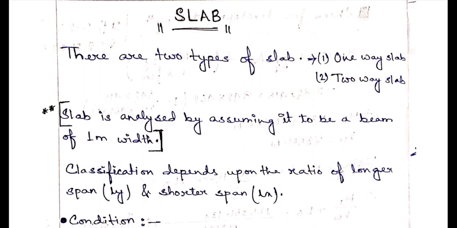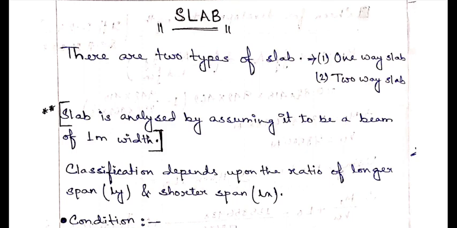From the slab, it's distributed to the beam. From the beam, it transfers through the column to the footing. This is the load transfer mechanism of a framed building structure. So you can understand the slab is the most important thing.